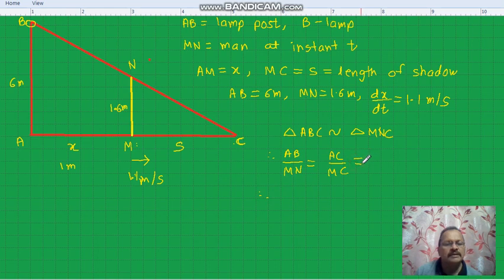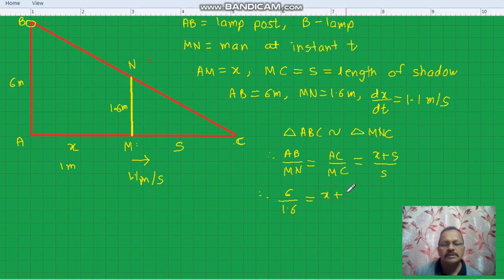But AC is nothing but x plus S, and MC is equal to S. AB is 6, MN is 1.6.